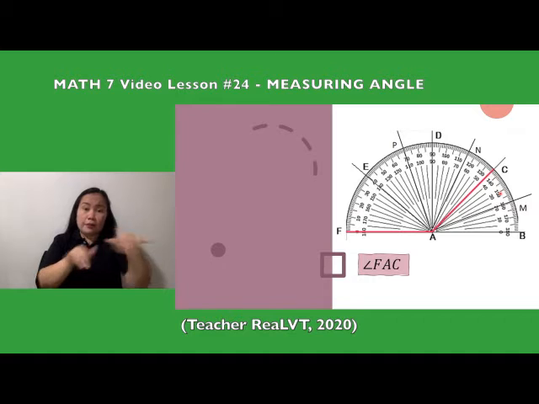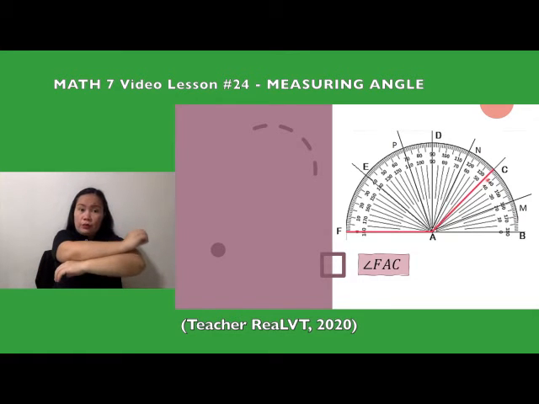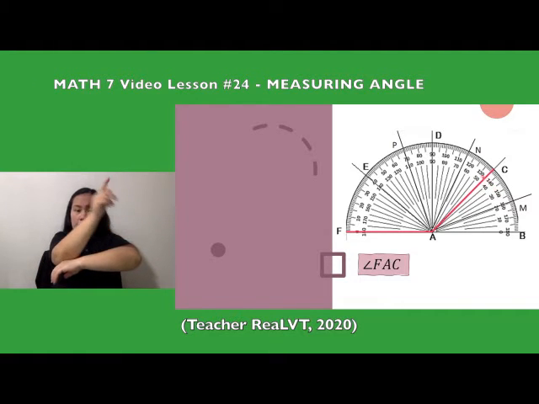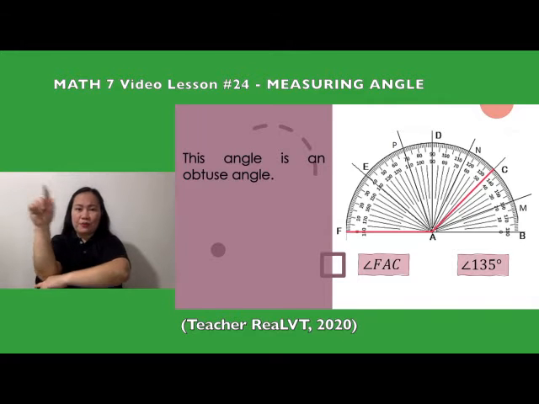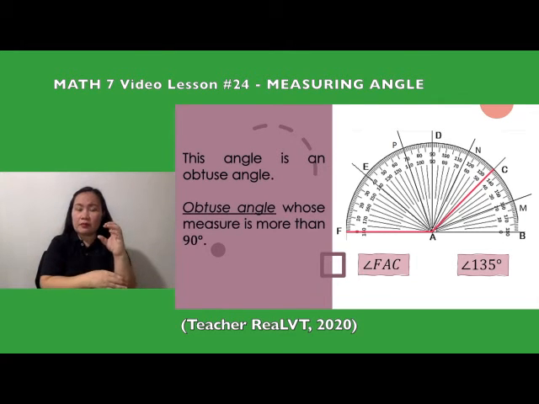And since naglay ang line AC or ray AC sa pagitan ng 130 at 140, therefore, angle FAC has the measure of 135 degrees. This angle is an obtuse angle. An obtuse angle is one whose measure is more than 90 degrees.